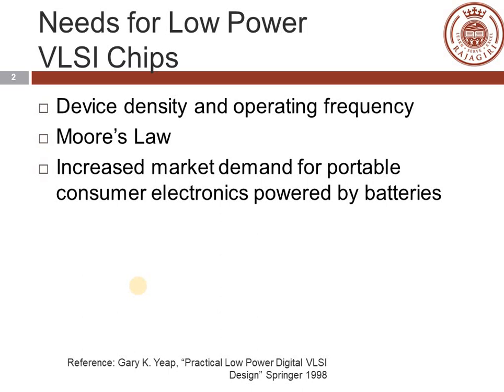Being the heaviest and biggest component in many portable systems, batteries have not experienced the similar rapid density growth compared to electronic circuits. The specific weight, that is the stored energy per unit weight of batteries, barely doubles in several years.